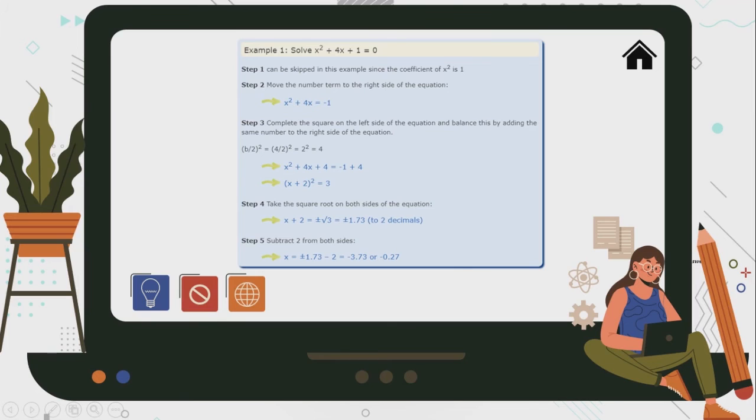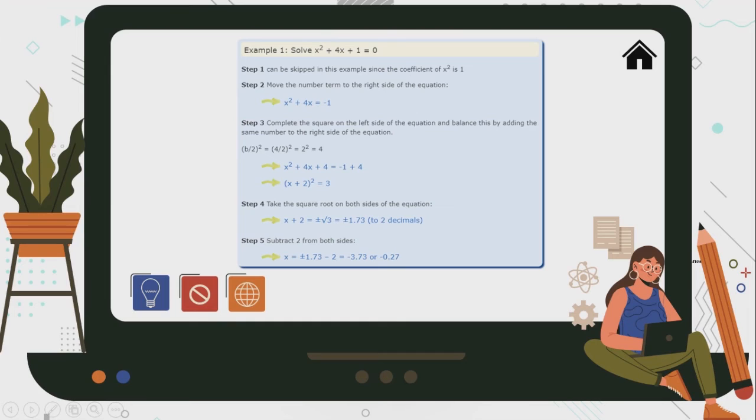Okay, step 4. Take the square root on both sides of the equation. So we get x plus 2 equals plus or minus the root of 3, equals plus or minus 1.73 to 2 decimals. Step 5. Subtract 2 from both sides.